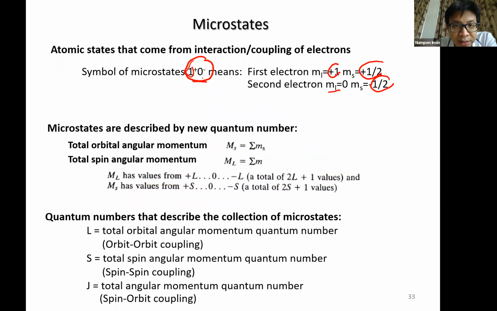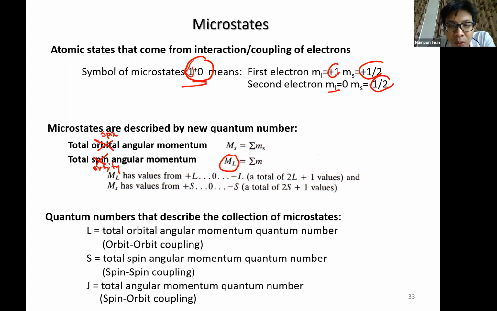So this is one of the microstates that is possible in the 15 possibilities of the P2 arrangement, right? Capital ML is the total orbital, and MS is the total spin.